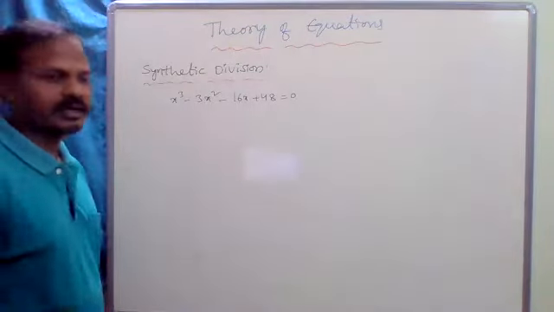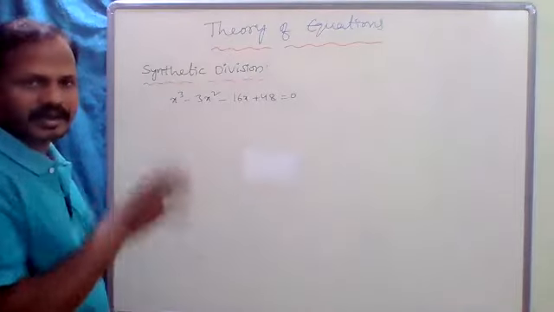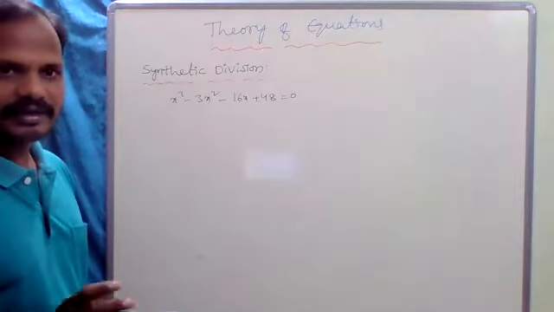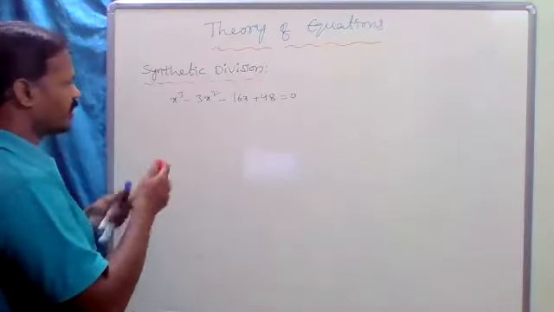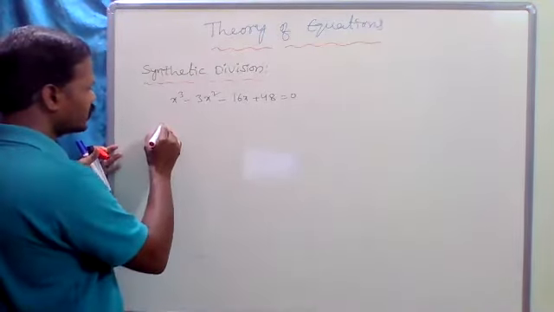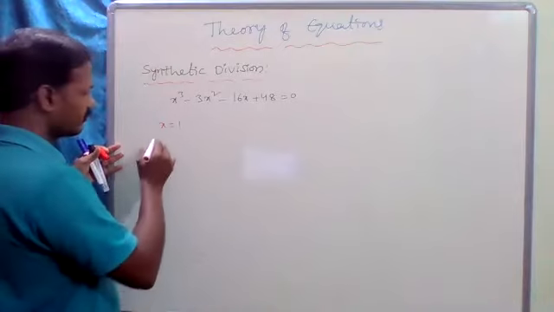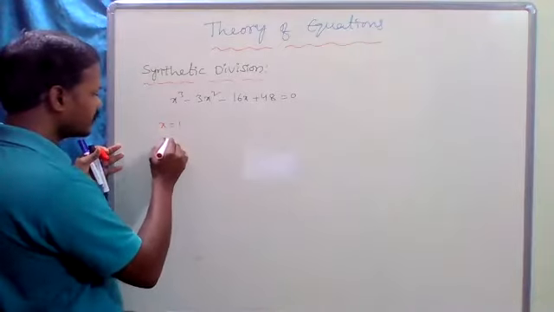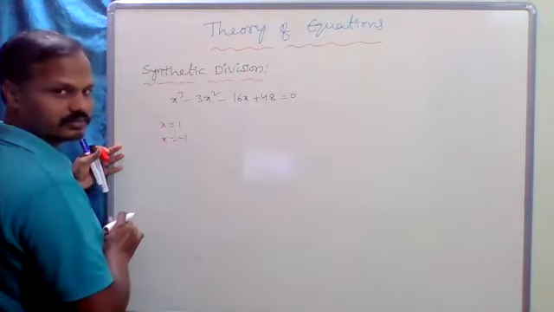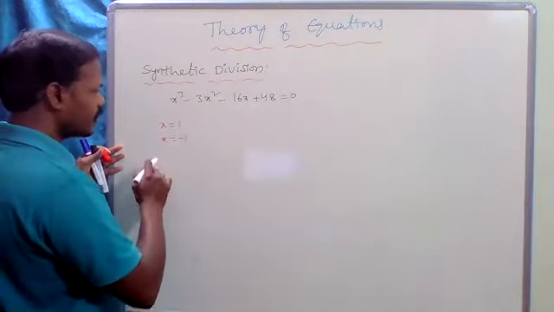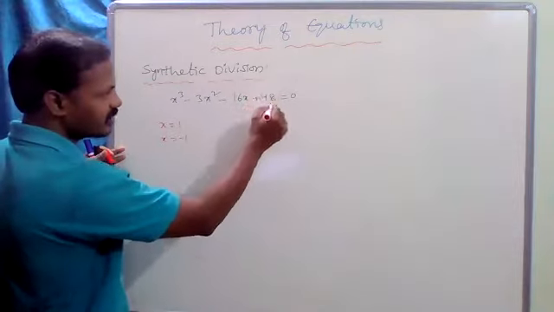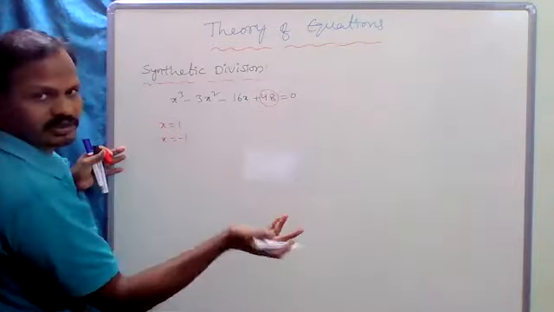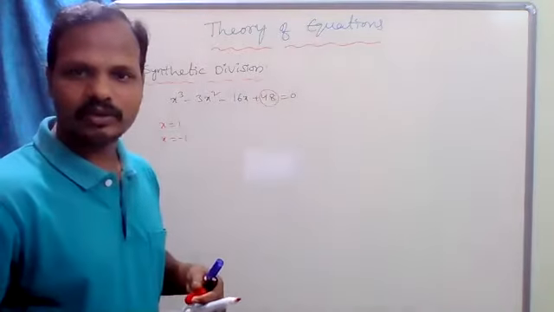In general, while we apply the trial and error method, first of all we substitute x equal to 1. If it fails, then x equal to -1. Of course, if the constant is not there, suppose 48 is not there, then obviously x equal to 0 is one root, and you don't need to bother about it.